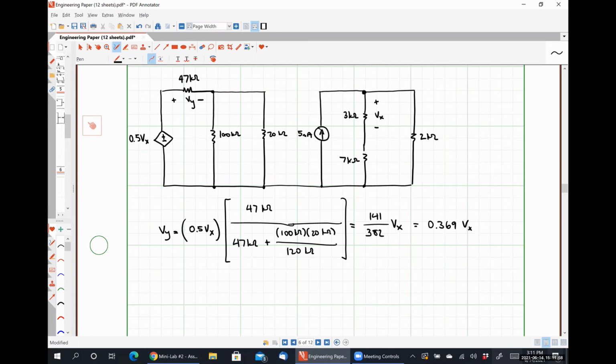Okay, so I would argue that Vx would be most easily found by determining the current that I've just labeled as Ix and then multiplying Ix by 3 kiloohms. Anybody see any problem with that basic Ohm's law methodology there?